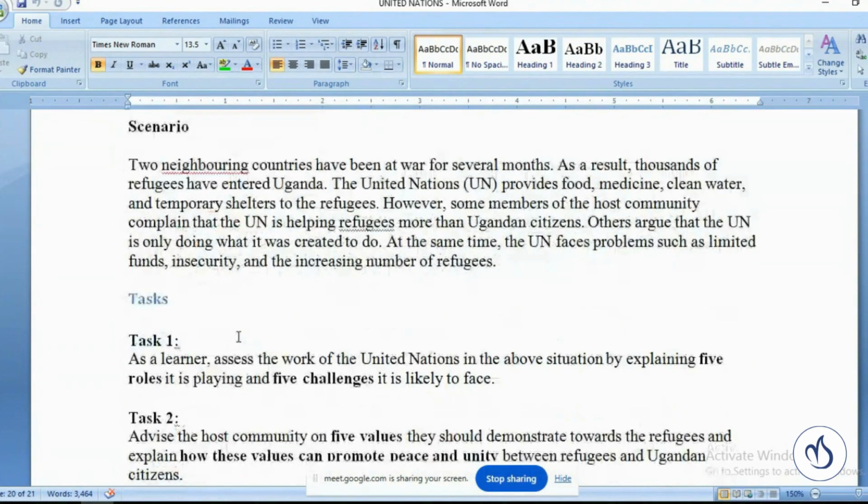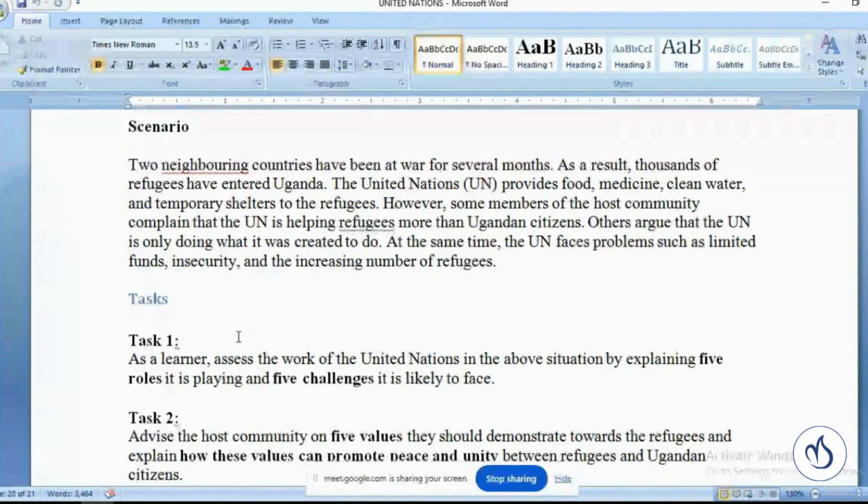Now, here a task comes. As a learner, maybe of Senior 3 or Senior 4, one, assess the work of the United Nations in the above situation by explaining 5 roles it is playing and 5 challenges it is likely to face.